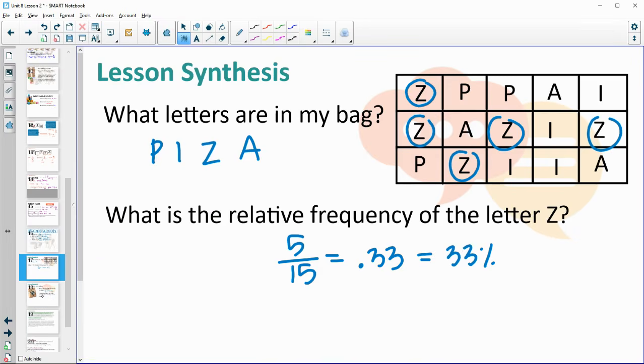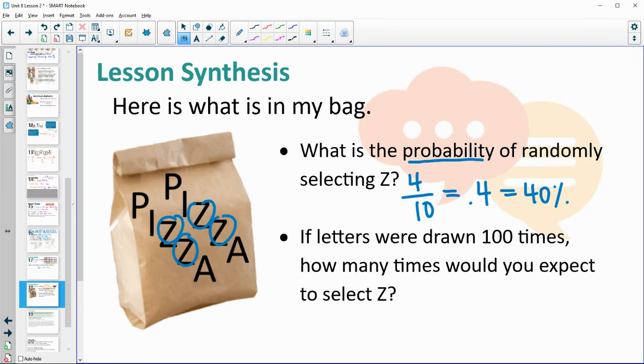And how often did I get it? 33% of the time. So what would we expect to happen if I continued drawing 100 times? So if I drew 100 times, we would expect to draw a Z 40% of the time. So 40% of 100 means that you would expect to draw the letter Z 40 times.